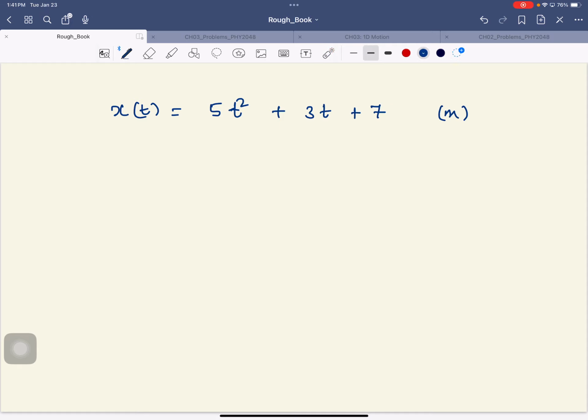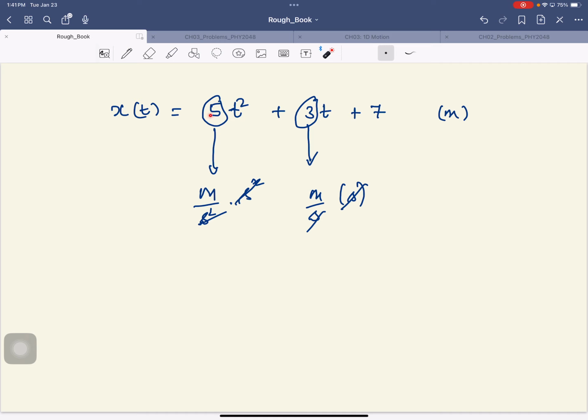What you're confusing is the following. This term has to be in meters per second square because this term is second square, and that'll cancel with that. What are the units for this term? Meters per second. And that is second, it'll cancel that. So you see this 5 has units of acceleration.